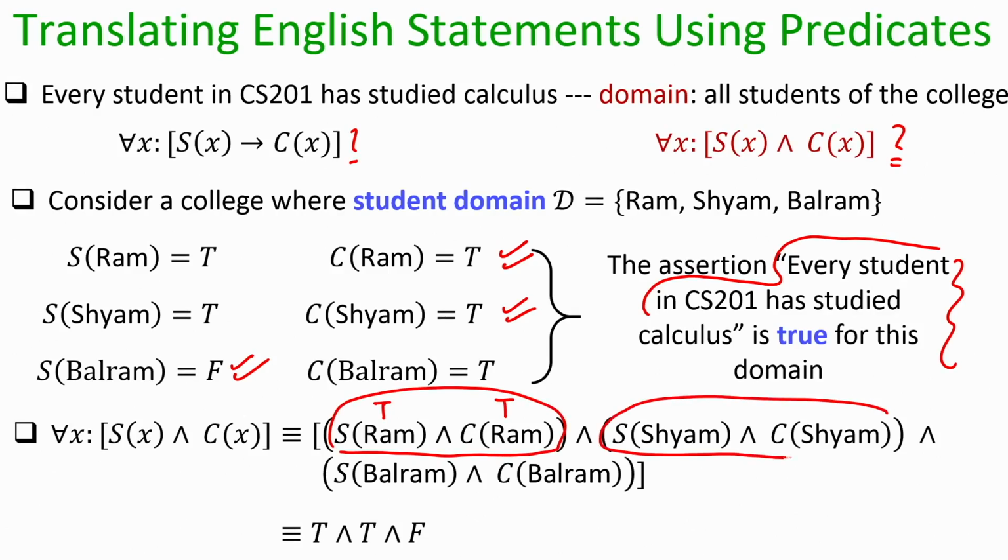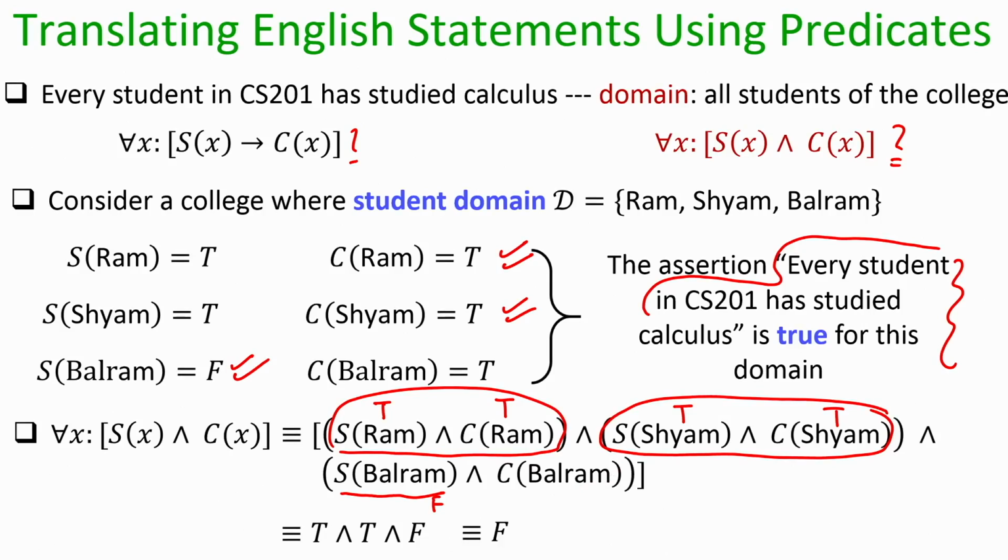The second conjunction here is also true, because S of Shyam is true and C of Shyam is true, but S of Balram is false, and C of Balram I do not care whether it is true or false, because false conjunction with anything is false, and hence the overall expression is false.